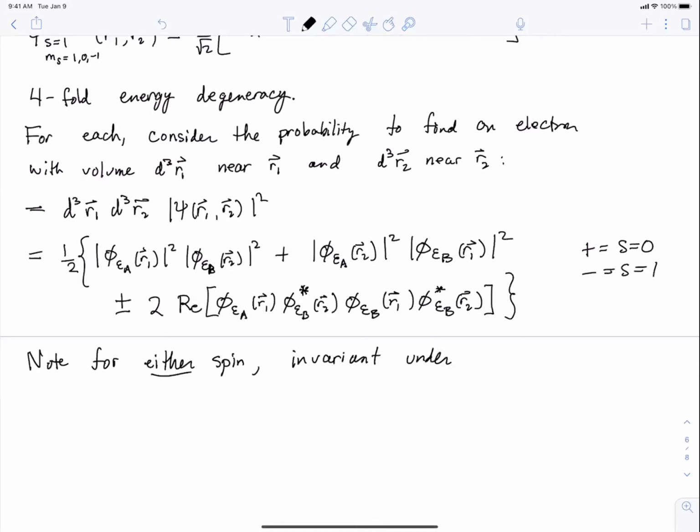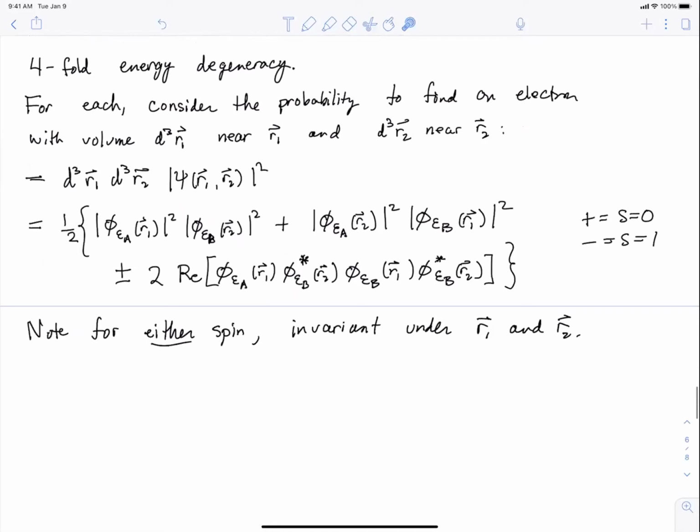We said before that our answers to physical questions could not depend on what we chose our labels to be for identical particles. And that's true. It comes out the same either way. When I interchange r1 and r2, this term turns into that term, and this term turns into itself, regardless of whether this is a plus or a minus sign.